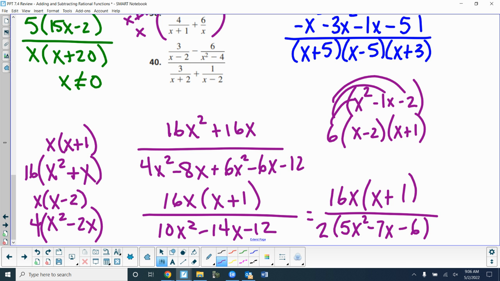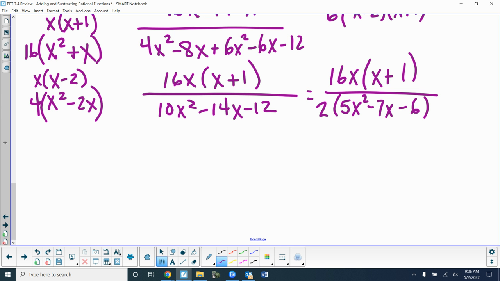Are there factors of negative 30 that will give us negative 7? There is, isn't there? Negative 10 and a positive 3, right? And when I add those, we get the negative 7, right?